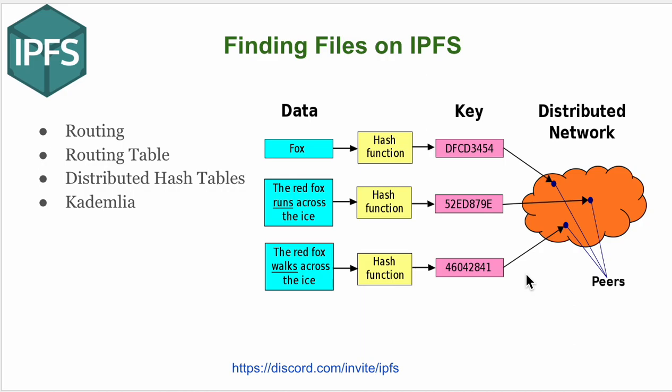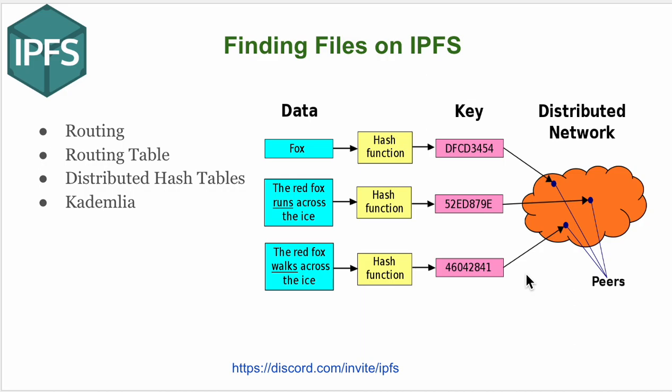So a routing table is a set of rules used to decide where data traveling over a network should go. So when finding contents on IPFS, every peer maintains a routing table, and in this routing table you will be able to connect with peers who have that particular content.